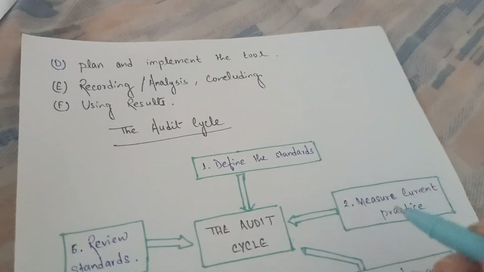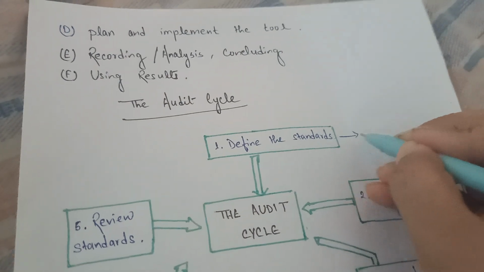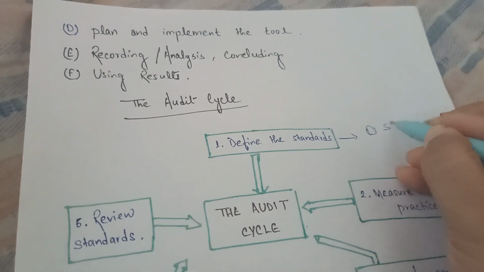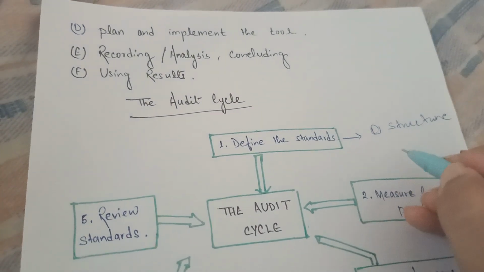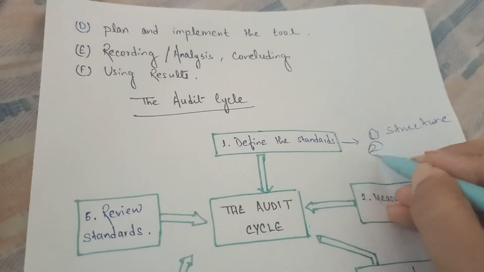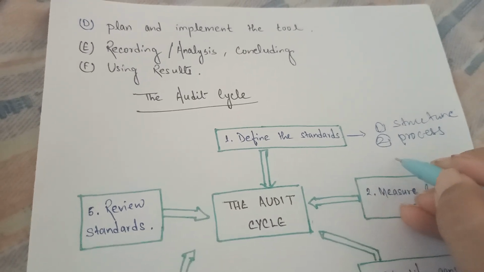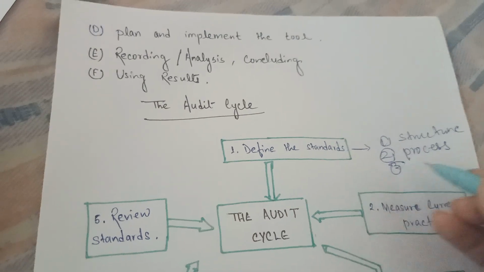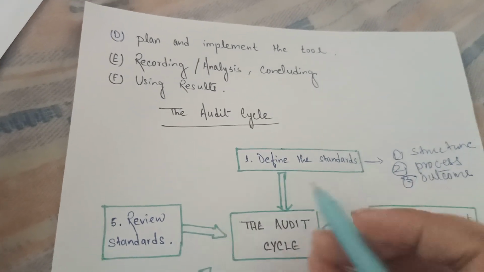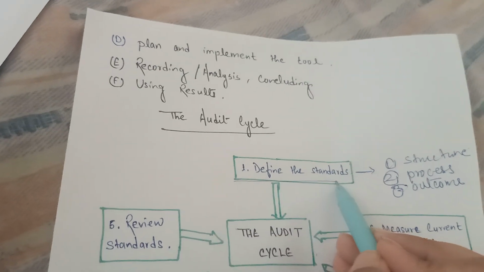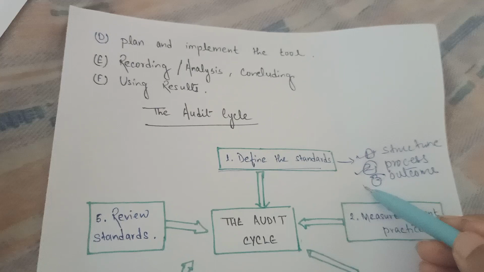So define the standards. It has three elements: structure, process, and outcome. So in defining the standards, it has structure and process and outcome.